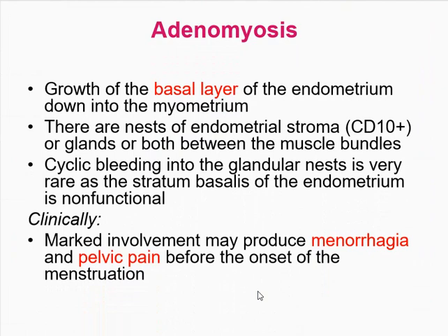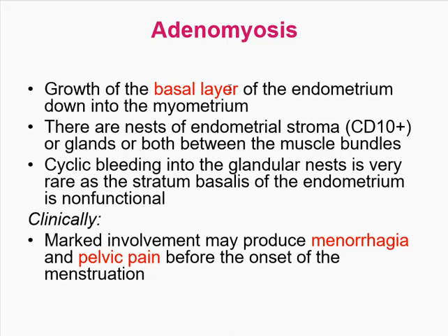Adenomyosis refers to the invagination of the deeper parts of the endometrium, the basal layer of the endometrium, into the myometrium. First signs of adenomyosis include endometrial stroma, which is a CD10 positive population of cells, and also endometrial glands within the stroma.